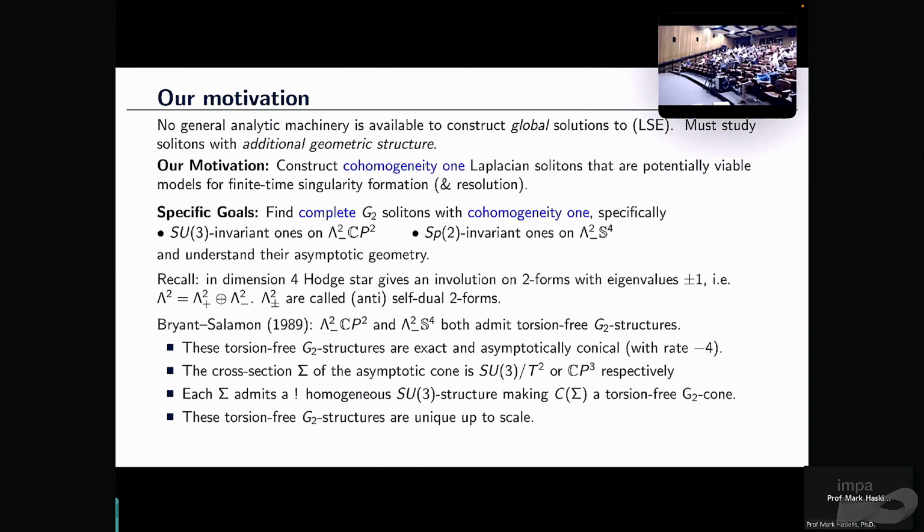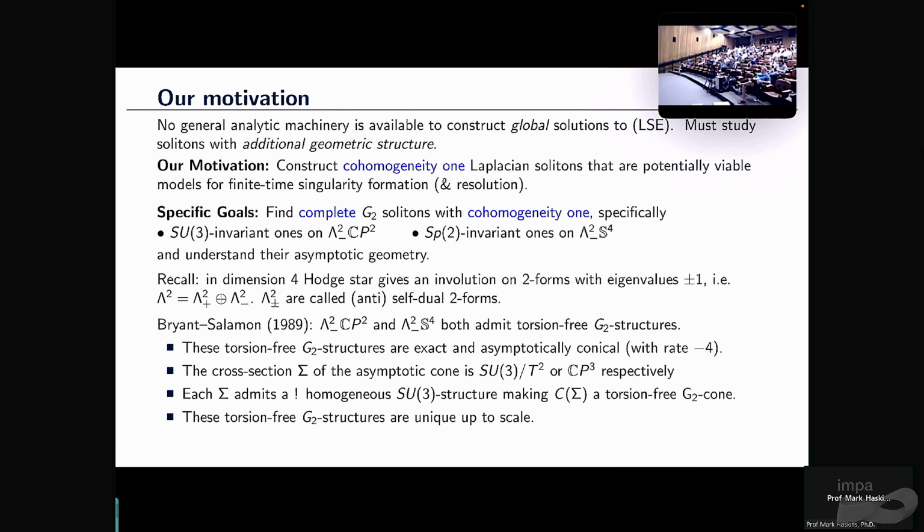More specifically, in the torsion-free world, going back to the original Bryant-Salomon paper, which first constructed non-compact complete torsion-free G2 structures, the bundles lambda 2 minus of either CP2 or S4 both admit cohomogeneity 1 G2 structures with symmetry group SP2 for the 4-sphere or SU3 for CP2.